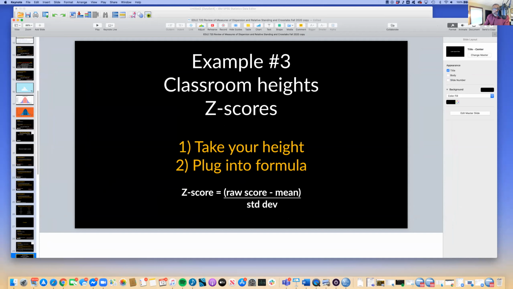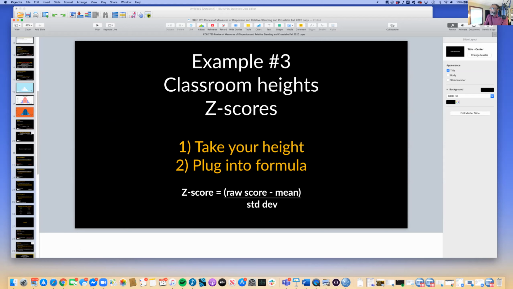And that'll tell you how many standard deviations you are plus or minus the mean. Once you've done that, drop it into the chat. Your Z-score into the chat. Z-scores are very easy to calculate by hand. I just wanted to show you where it was.